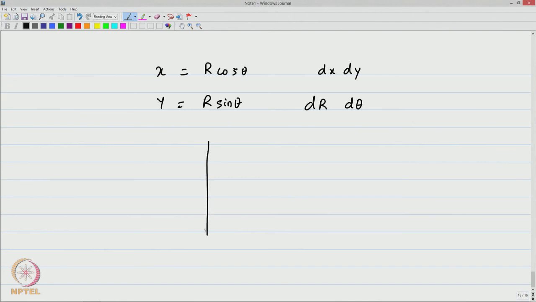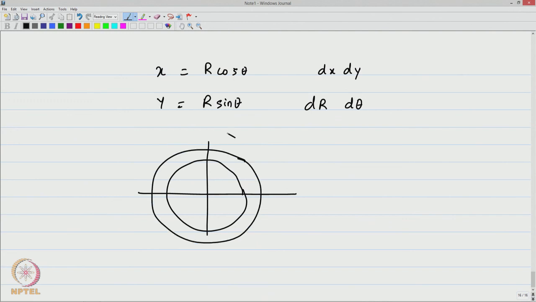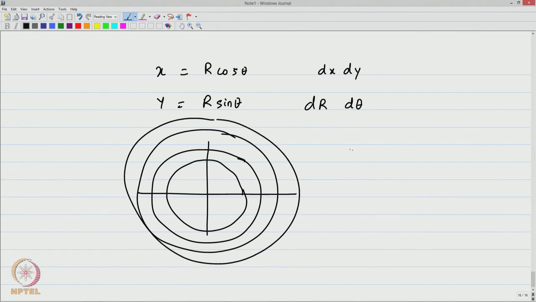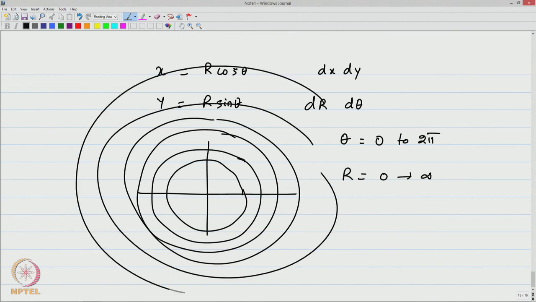So, if you have to plot this in a simple way, x and y, the dx dy is equivalent to doing integration for different values of r, but for all values of theta from 0 to 2 pi, for all values of r going from 0 to infinity. Okay. Then you have everything.